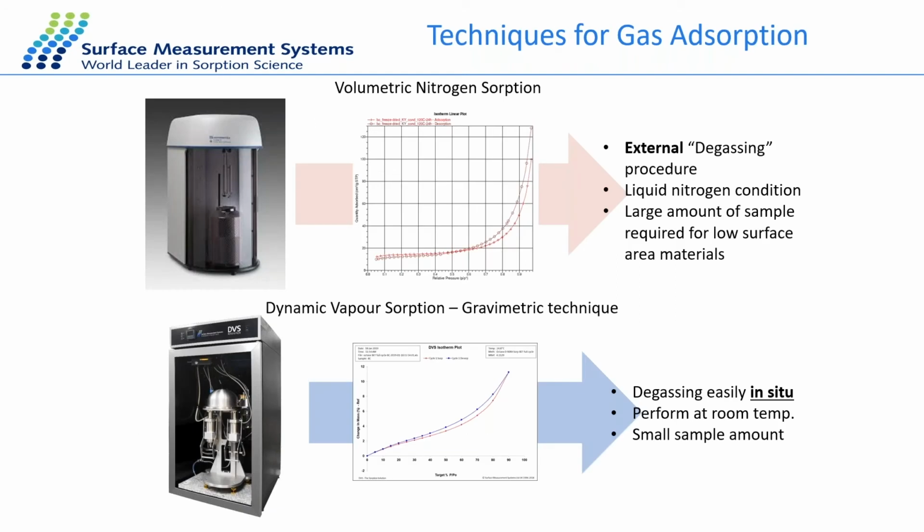There are different techniques you can use to measure an adsorption isotherm, like the volumetric nitrogen adsorption technique. The dynamic vapor adsorption technique can also be used to measure adsorption isotherms; it's based on a gravimetric method.